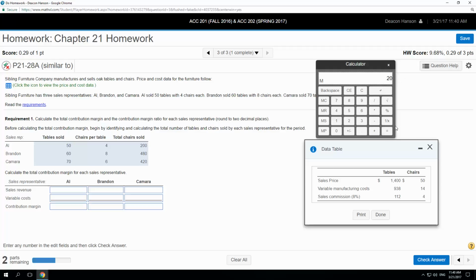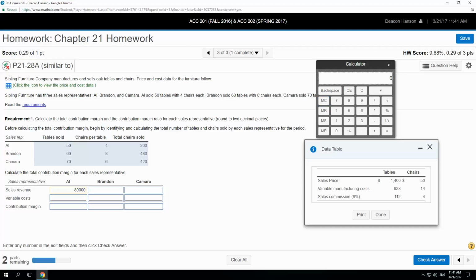That's going to be 10,000, and then we would add that back to what we have in memory. You got 80,000. So Al's revenue is 80,000. Clear out your memory. So that's the process you would go through. You probably could do it in your head really quickly, but I'll go through the whole process with you.